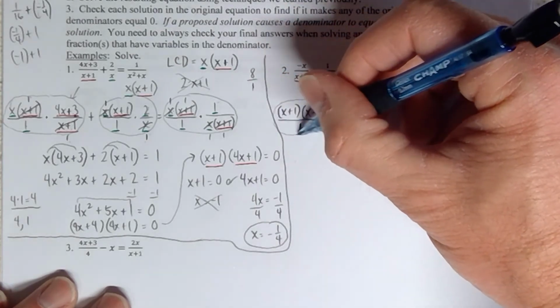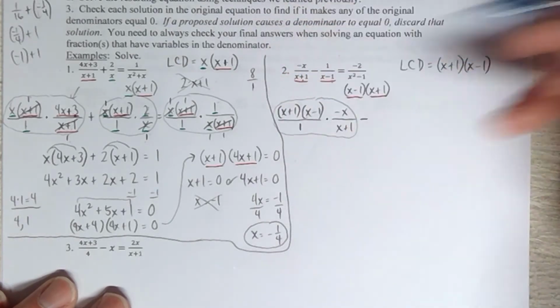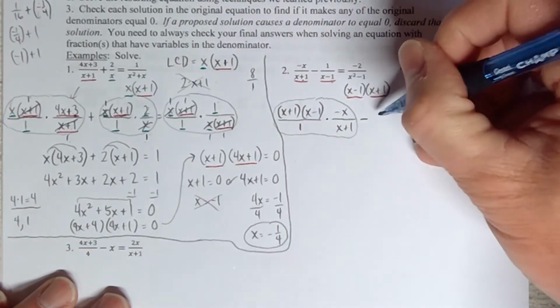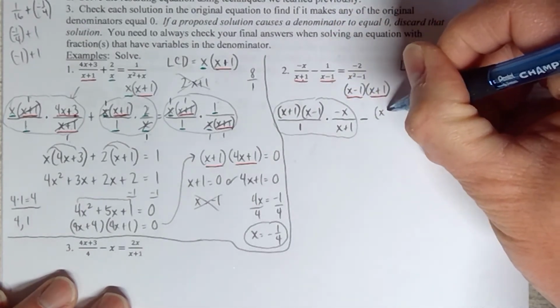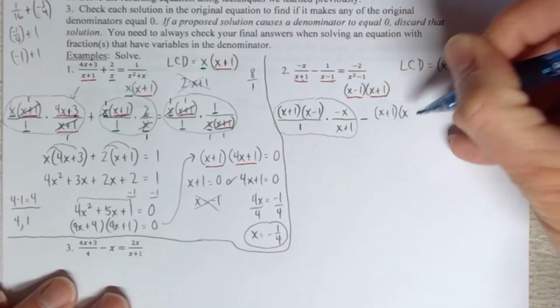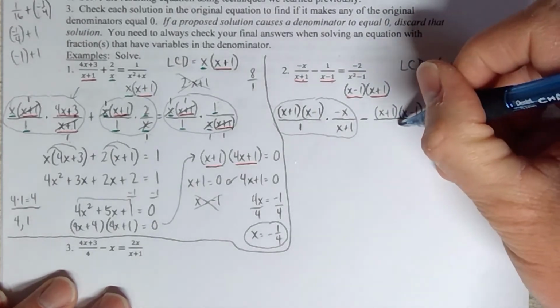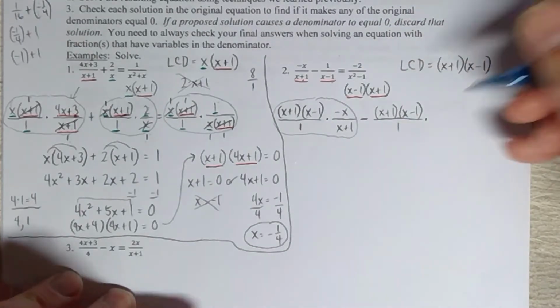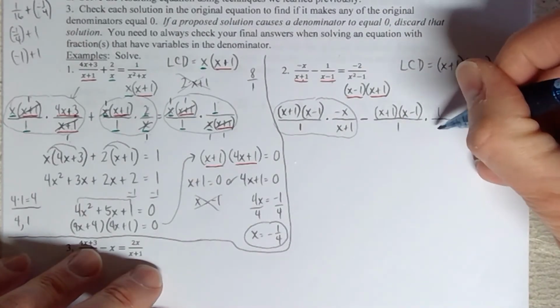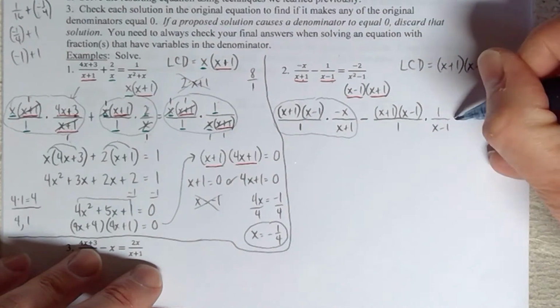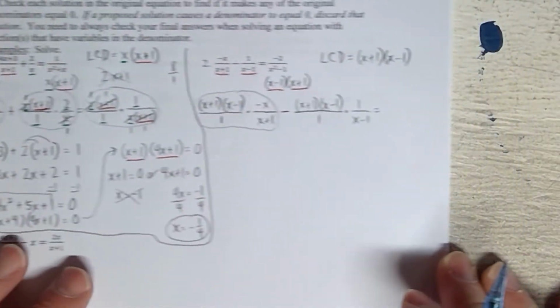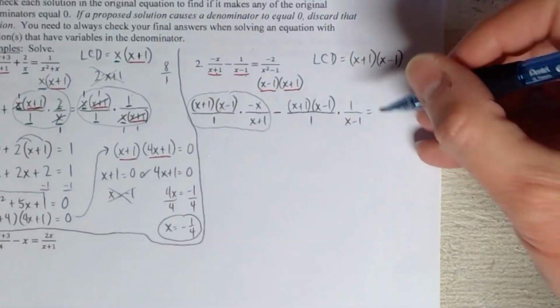We have the LCD being multiplied by the first fraction. Bring down the minus. We have the LCD, and we need to multiply the LCD by the second fraction. All right. Bring that second fraction down. Put the LCD over 1 because we're multiplying it by a fraction. Whenever you multiply something by a fraction, you want to make that other thing that you're multiplying by into a fraction as well.